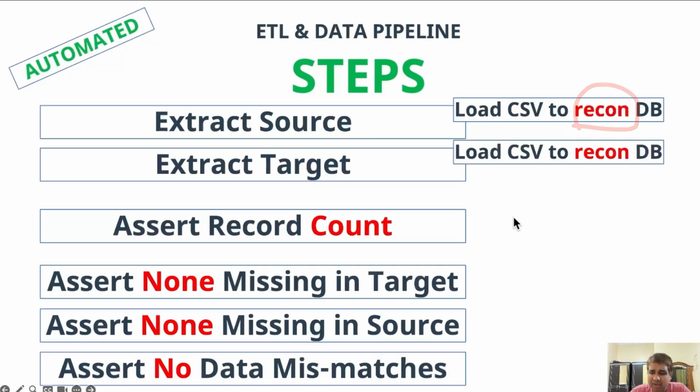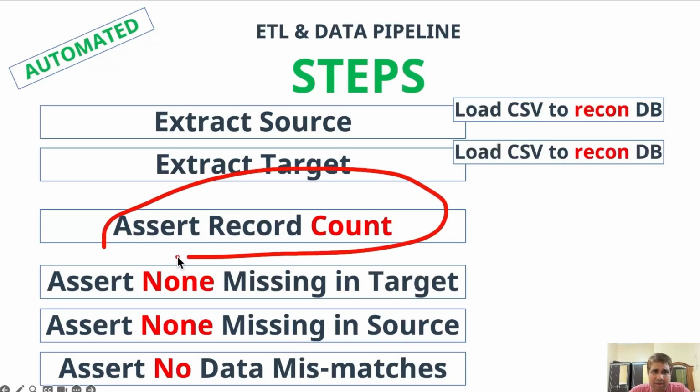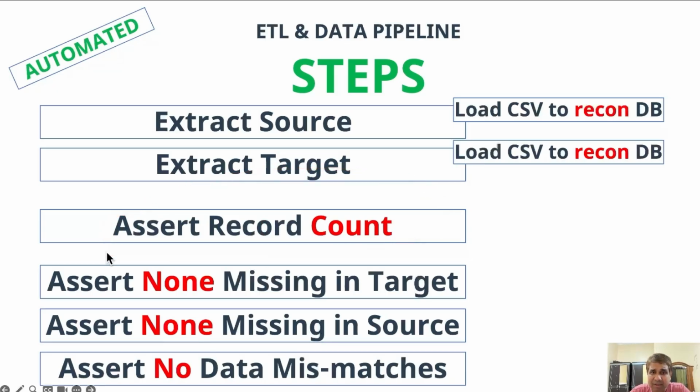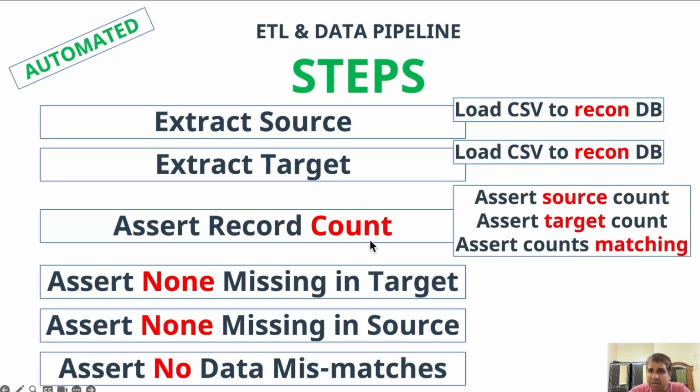Now we are ready for asserting the count, which is this step. In this step we will further break down what exactly we are going to do at the granular level. We first assert the source count just to make sure you have 2 records or 20 records or 200, 2000 or 2 million records. Then assert the target count and make sure the counts are matching.